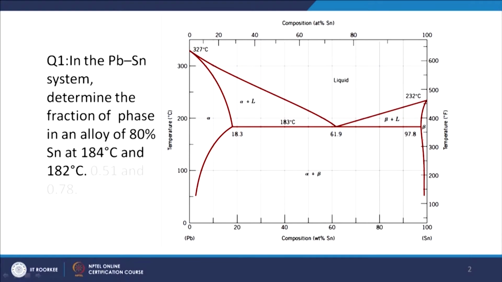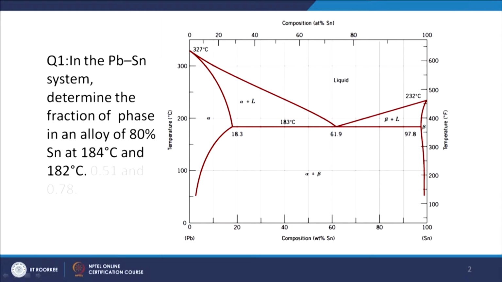So, in one case you are getting beta plus liquid, and in another case beta plus alpha. You have to find the fraction of phase beta in the alloy. So, we are going to have the calculation for the fraction of phase beta.